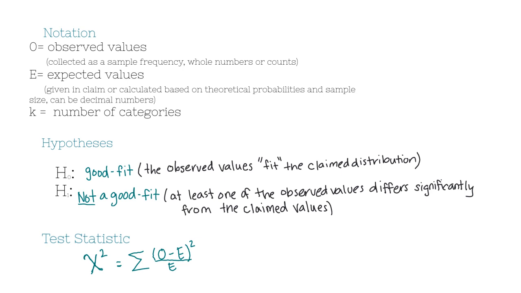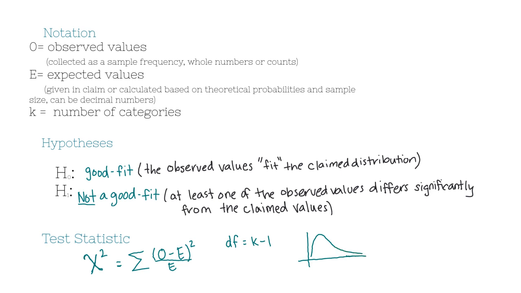So then when we look at the graph of the chi-square distribution for our problem, our degrees of freedom are going to be k minus 1. So the number of categories you have minus 1. So in this problem, that would be 6 minus 1. So our degrees of freedom would be 5. And our distribution with 5 degrees of freedom would look something like this.